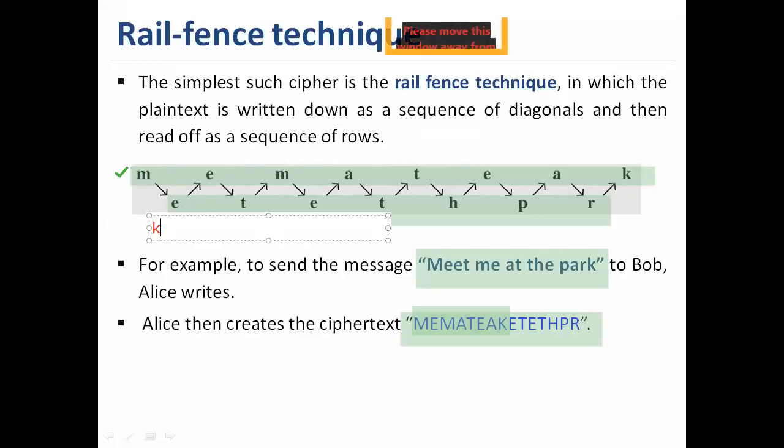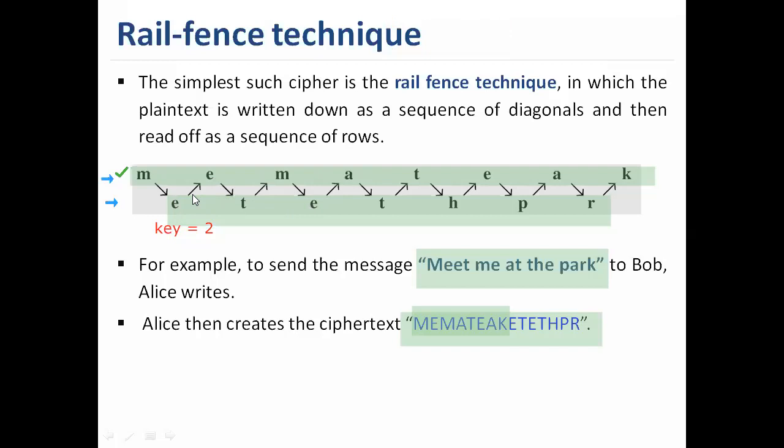Here we have taken key equal to 2, so we have the first row and the second row. We make our diagonal in two ways only. This is how we use our rail fence.